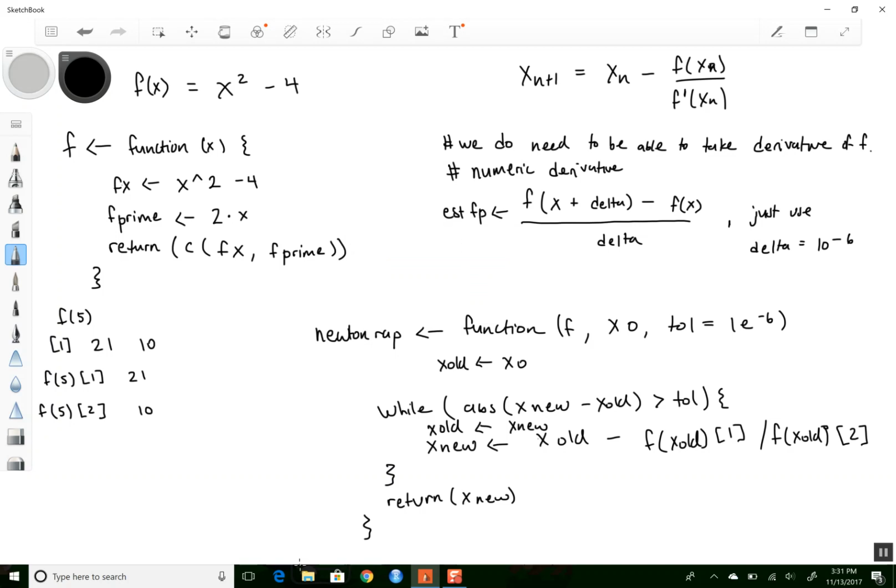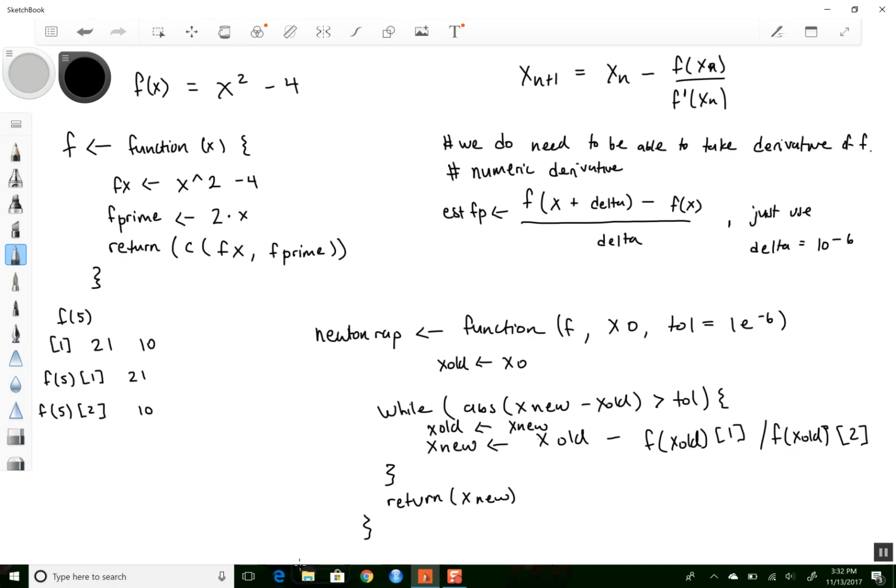Does that make sense for how Newton-Raphson works? Any questions? All right, then we'll continue on.